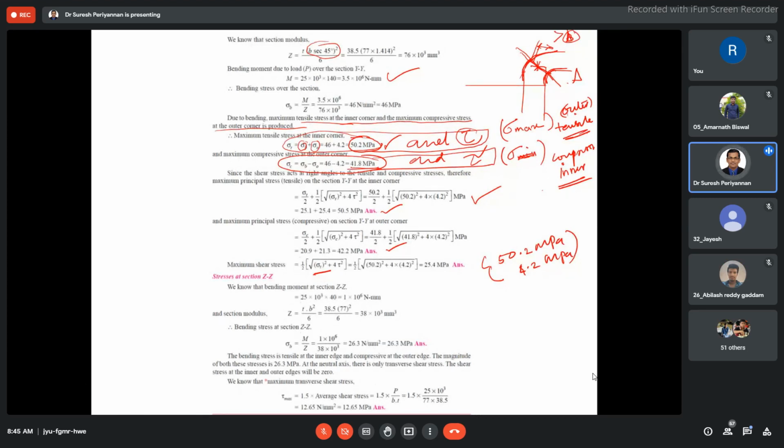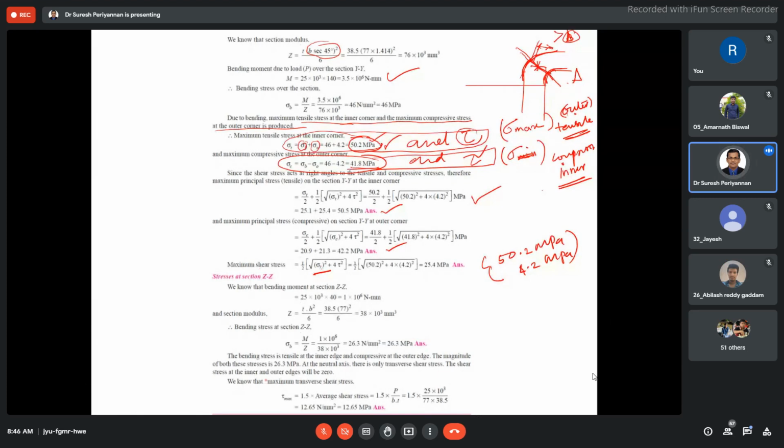Here we know directly 50.2 megapascal is one stress component, the normal stress component, and 4.2 is our shear stress component. Then these two we consider for finding the maximum shear stress.